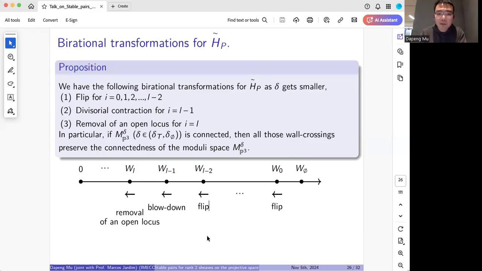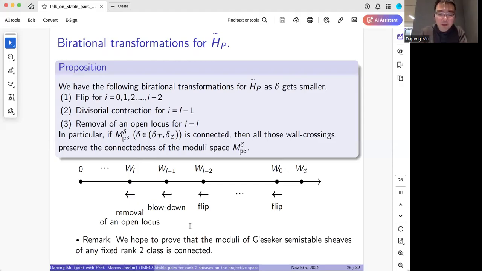When you cross the first L-2 walls, this component HP tilde undergoes a flip. And then for the second last one, WL-1, your component undergoes a divisorial contraction or blow down. And when you cross the very last wall, there is going to be an open locus removed from this component.